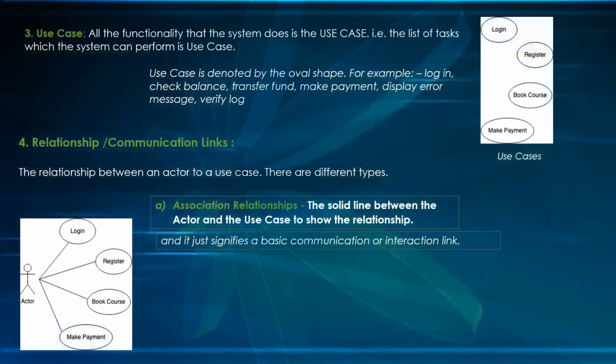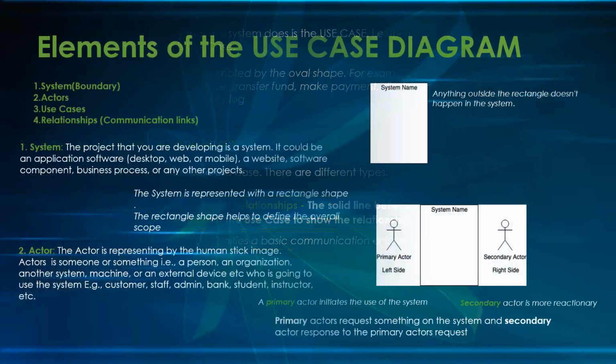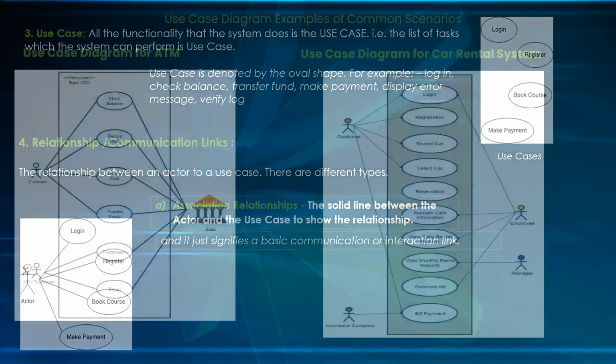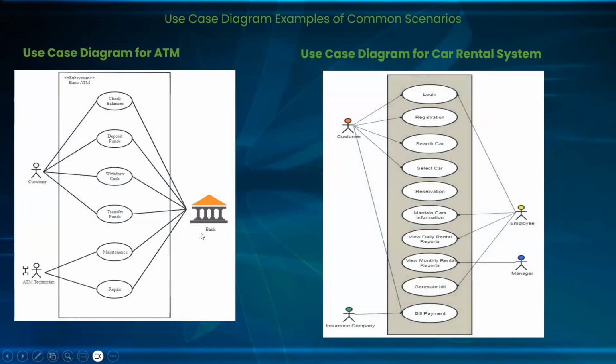Let me see if I mentioned it. You can see here I said an actor is someone or something, a person, an organization, another system or machine, or an external device can be an actor. So that is where we see this example where we have the bank as an actor.